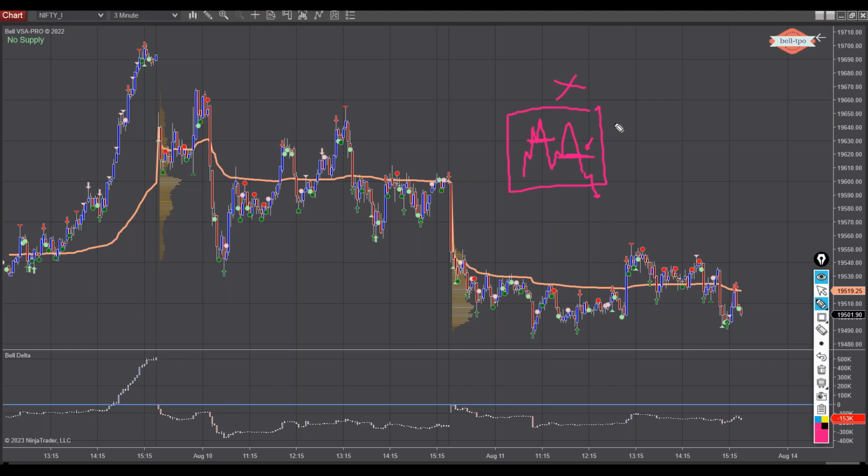That is the reason why VSA signals also don't work all the time, because you have to have the context. You have to have the support of the higher time frames. You have to look at the exhaustion time frames. Are they creating some issues? Is there a possibility of inventory adjustment? Once you do that, then applying these simple entry and exit techniques will work.